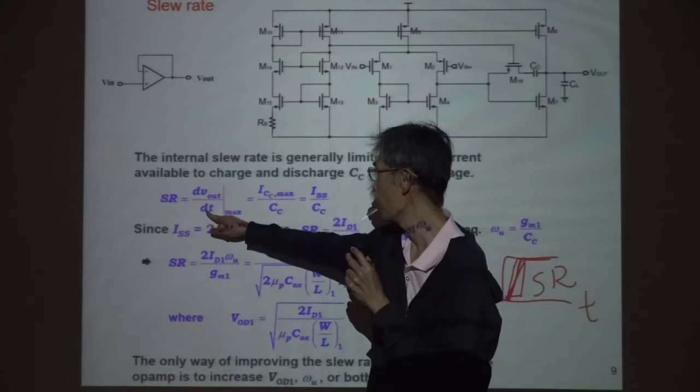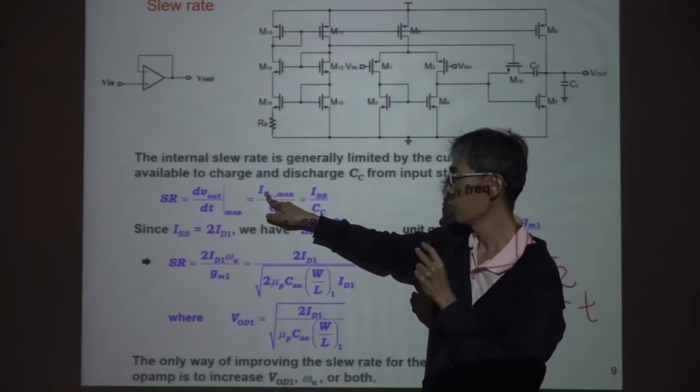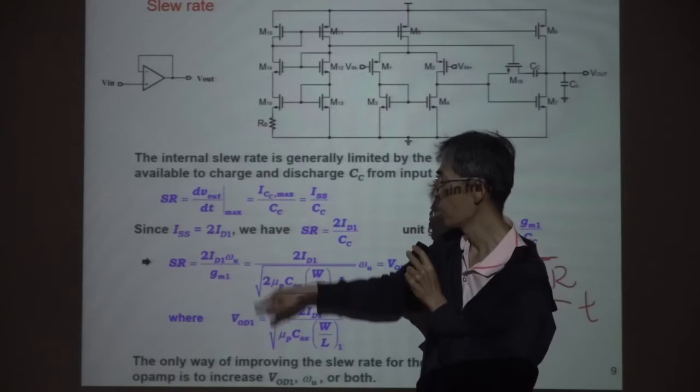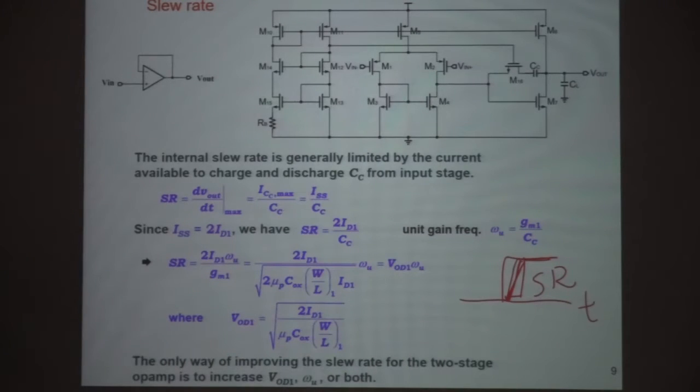And the slew rate depends on the capacitance we charge and discharge. Because for a capacitor, Q equals CV, and Q equals current I times time T, charge equals current times time.